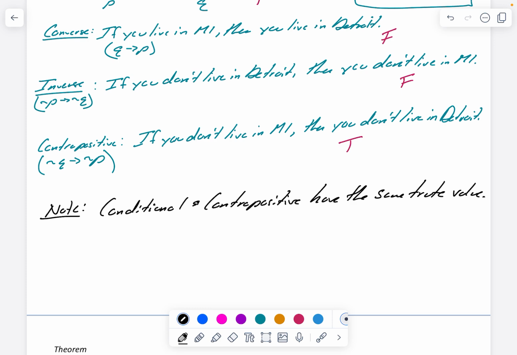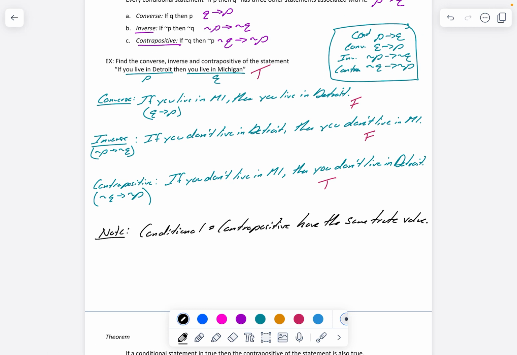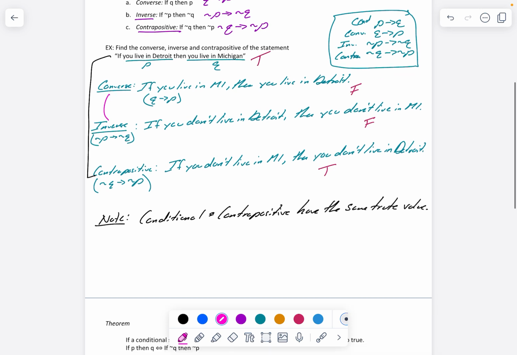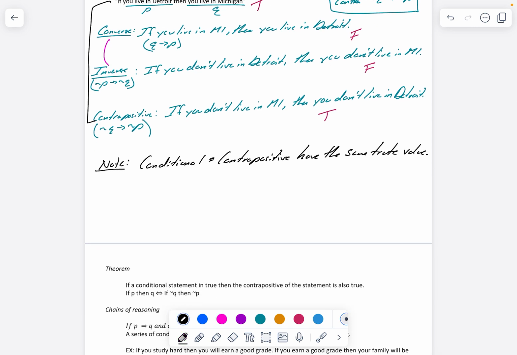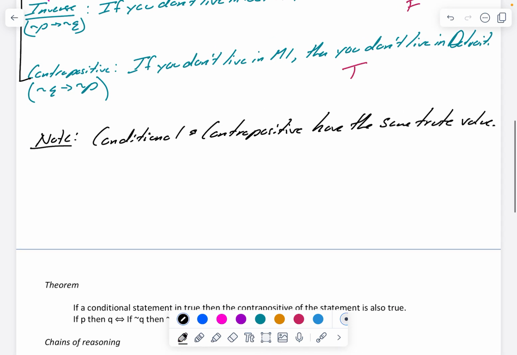Okay, so they go together. These two go together. And then similarly, these two go together. So the conditional and the contrapositive have the same truth value.